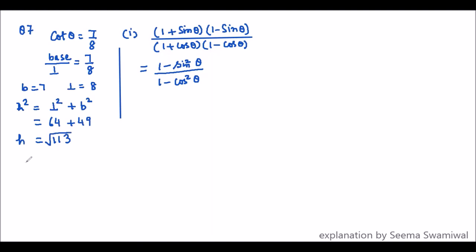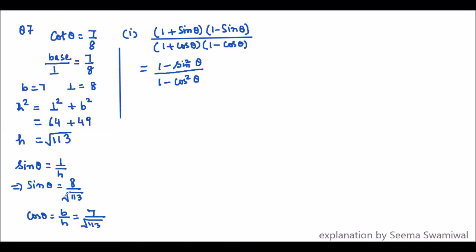If you know this, then you are able to get the value of sine theta, which is perpendicular upon hypot. So sine theta is equal to 8 upon under the root 113. Similarly, cos theta is equal to base upon hypot. Base is 7 and hypot is square root of 113.